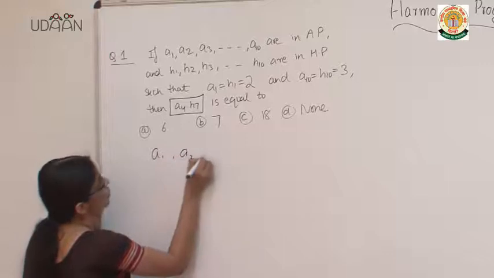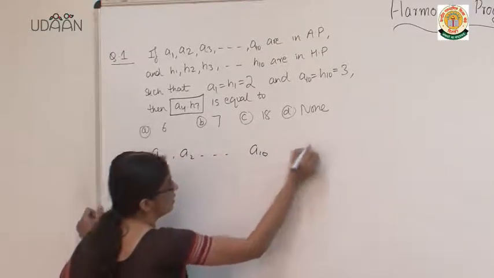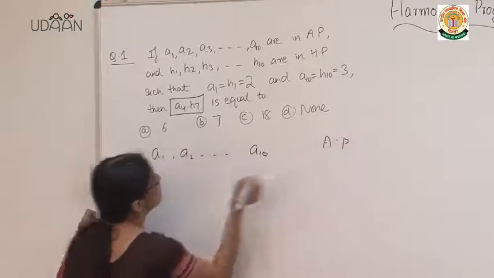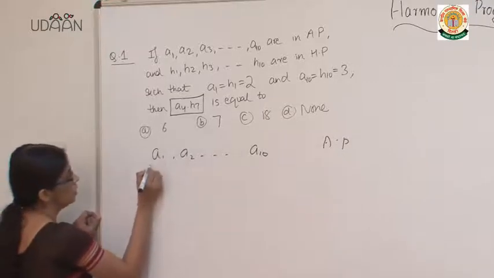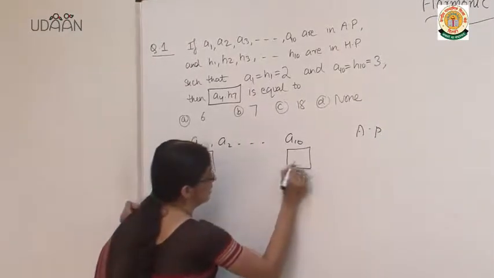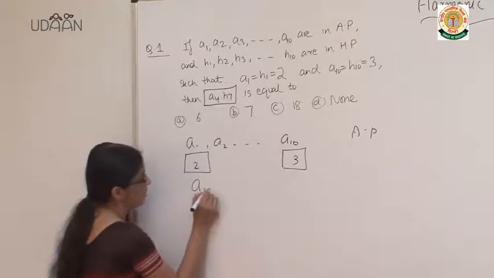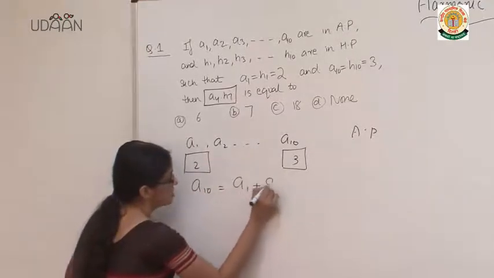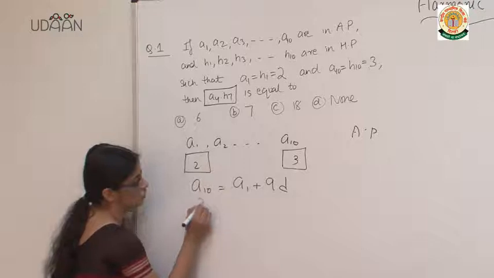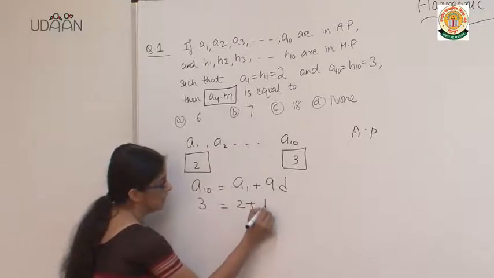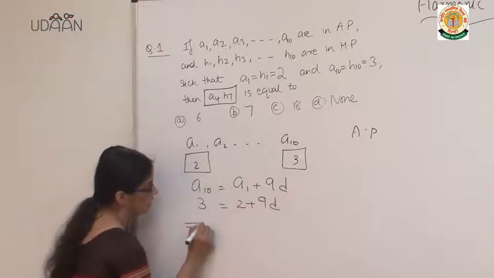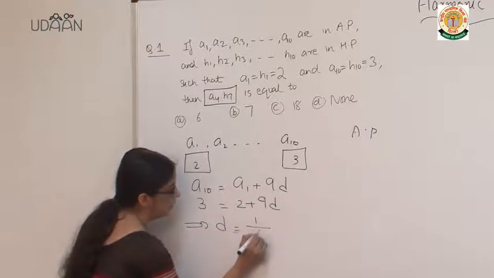A1, A2, etc., A10 are in arithmetic progression. A1 is given to be 2, A10 is given as 3. A10 equal to A1 plus 9D, put the values, 3 equal to 2 plus 9D gives you D equal to 1 by 9.